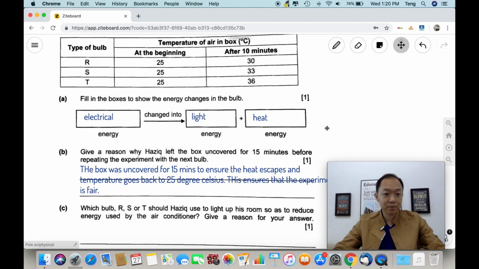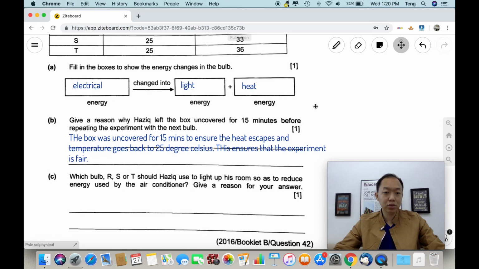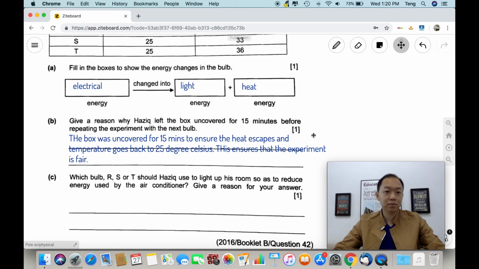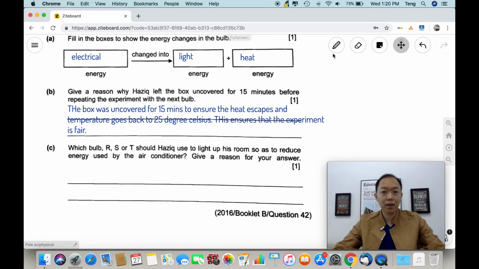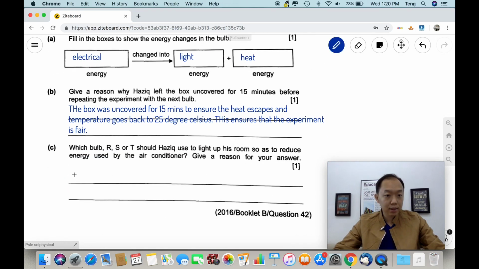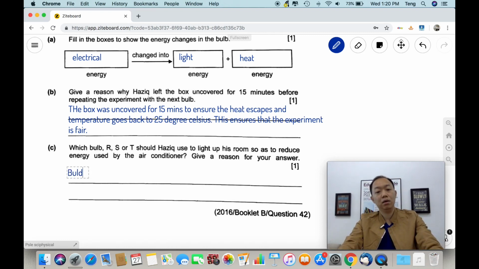Next one. Which bulb, R, S or T, should light up his room to reduce energy use? So R, okay, R. Why R? So we want to reduce energy used by the air conditioner.